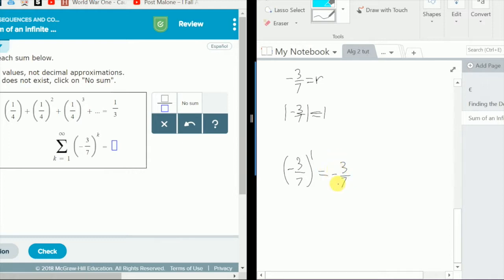So that's the first term, and we'll put that over 1 minus r. We said r is -3/7, so we'll do 1 minus -3/7, which is just 1 plus 3/7. If we do that on our calculator, we get -3/10. And this should be correct.